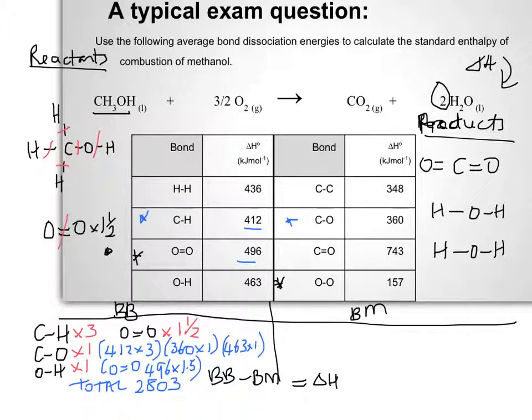For the bonds made, we've got C double bond O bonds in the carbon dioxide, and let's just cross them out. We've got 2 of those, so we need to multiply that one by 2. We've got in the water O to H bonds, and counting them, we've got 1, 2, 3, 4.